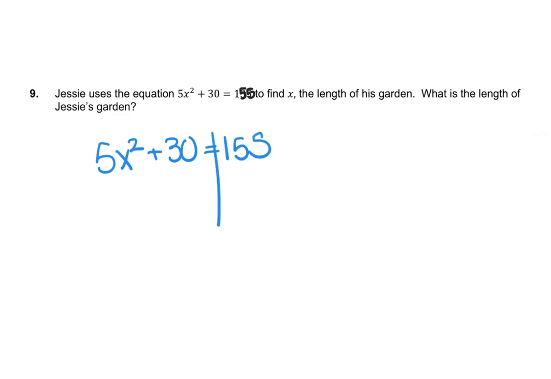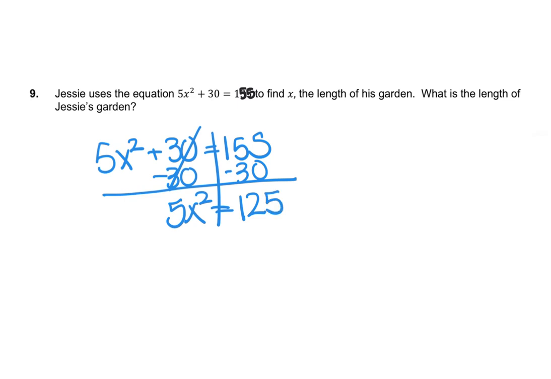Our first step in isolating the variable will be to subtract the 30. And so we've got 5x squared is equal to 125. We'll divide that by 5. And 125 divided by 5 gives us 25. So now we're down to x squared is equal to 25.